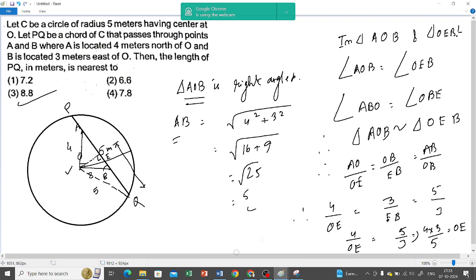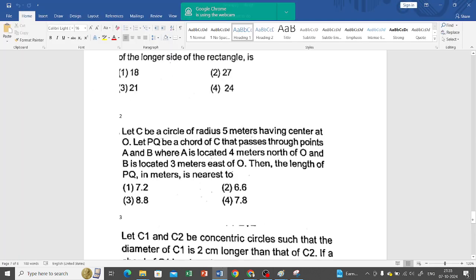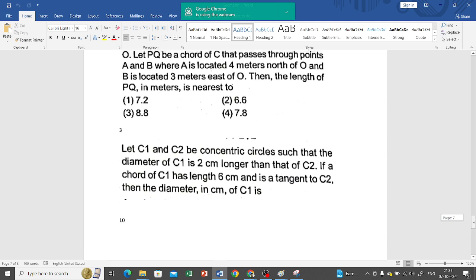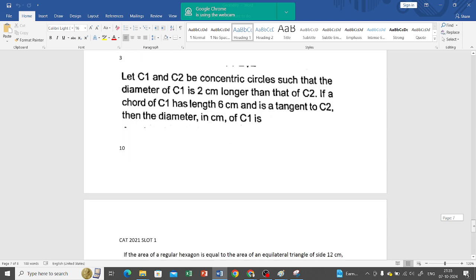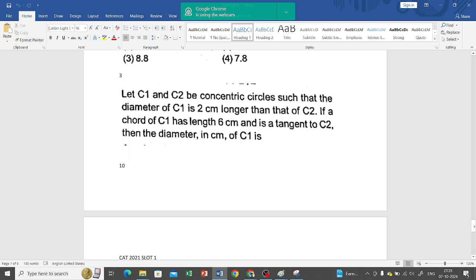Copy quickly. See, please practice these sums at home. Okay, these are really advanced sums. Please practice these sums at home. Copy quickly, understood?